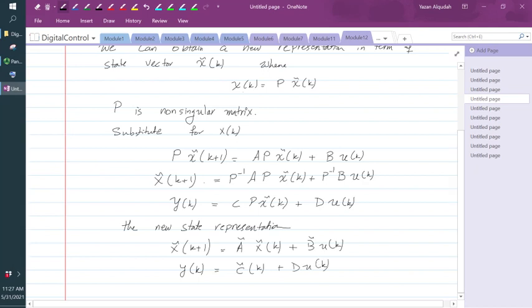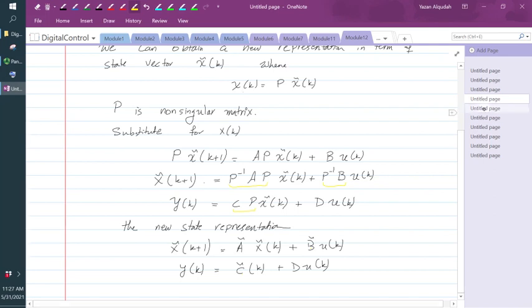Directly by looking at these two equations, I can see that A tilde is equal to P inverse multiplied by A multiplied by P, B tilde is equal to P inverse multiplied by B, C tilde is equal to C multiplied by P, and D is equal to D.